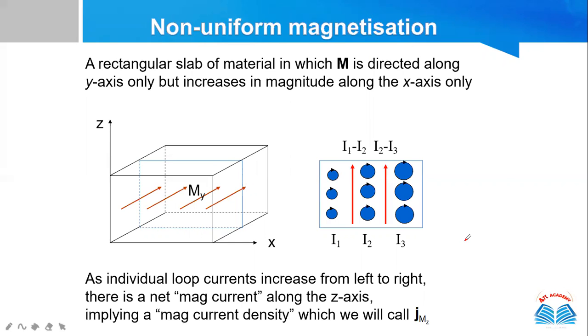If the magnetization is in the x direction, we will write Mx. Magnetization in the y direction, we will write My. Magnetization in the z direction, we will write Mz. You can see in this picture, this is your x-axis, this is your z-axis, and the magnetization in the third direction, the y-axis, we can write as My.